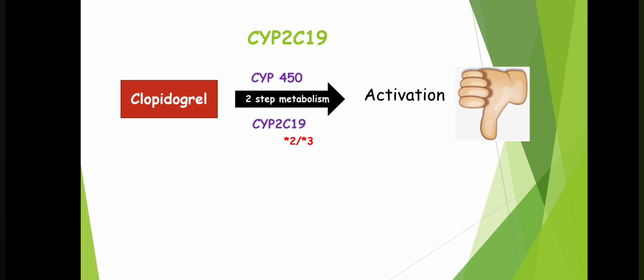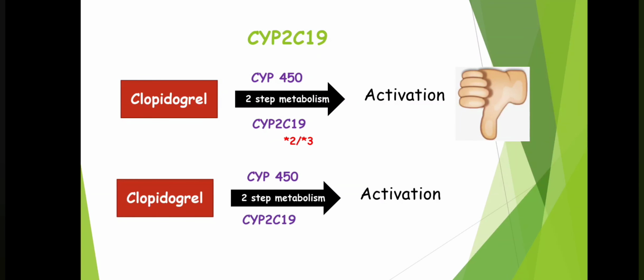But if clopidogrel is metabolized by the CYP2C19*17 allele, it will result in gain of function, and therefore more metabolic capacity than the wild type of the enzyme has been seen. Carriers of this allele are associated with high risk for bleeding due to the increased metabolism of clopidogrel to the active metabolite.